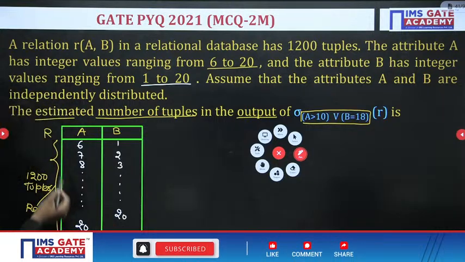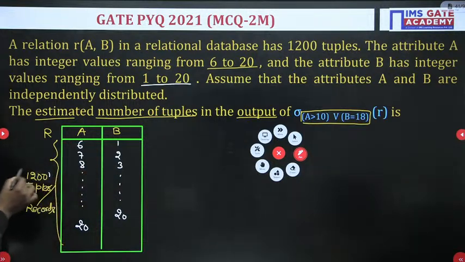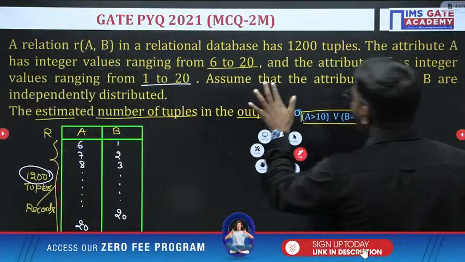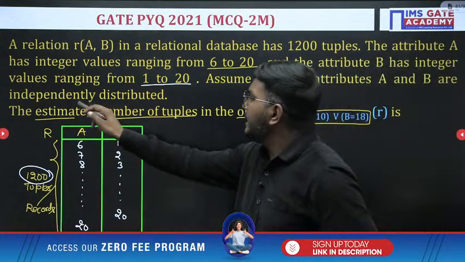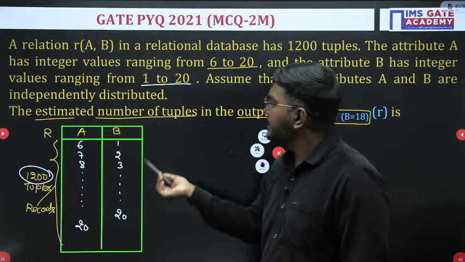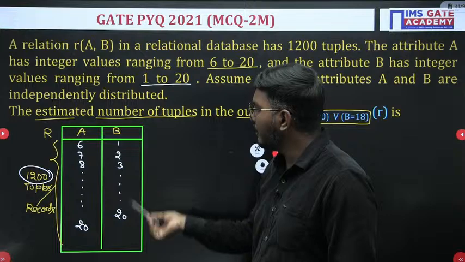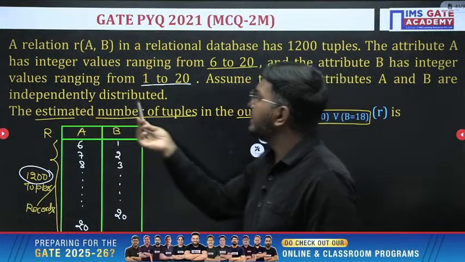So any combination of these, we have 1200 records. Now it says to assume that the attributes A and B are independently distributed. Like here all are independent, meaning 6 can combine with 2, 3 or anything. Similarly 7 can combine with any value here. So all are independently distributed.